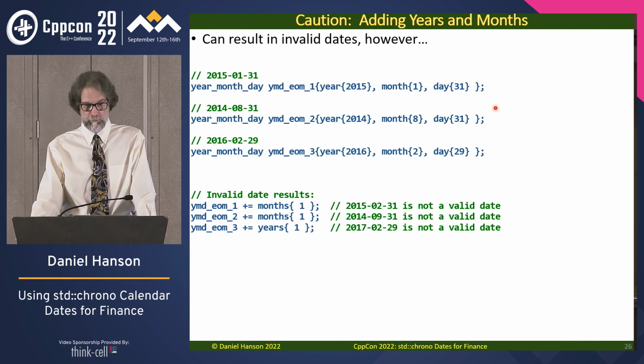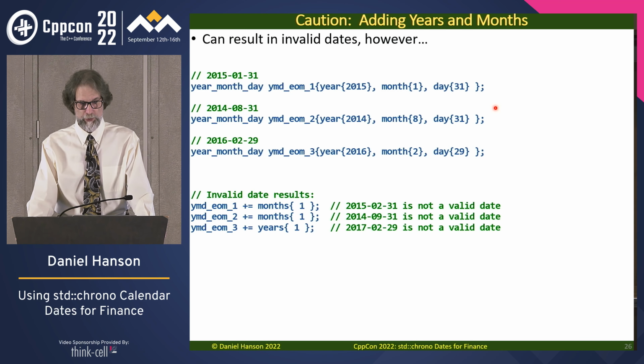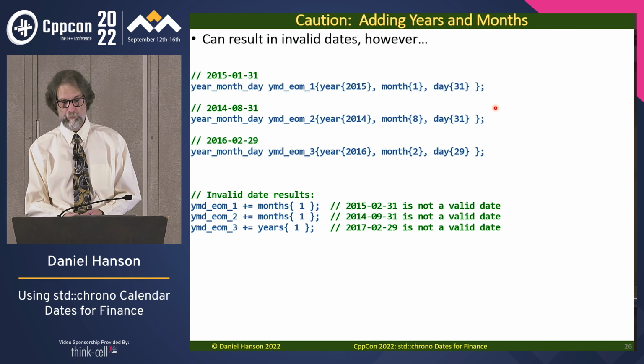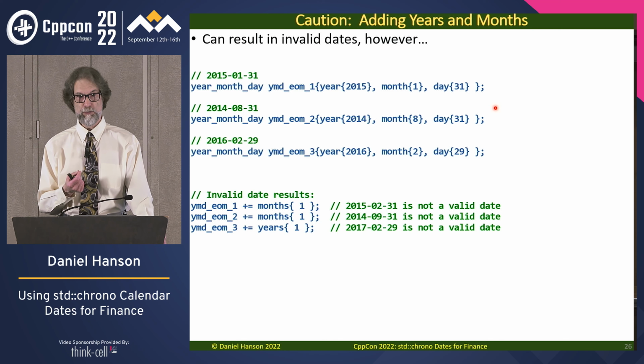There's no 31st of September. And if we go forward 1 year from a leap year at the end of February, we end up with the 29th, which is not valid in 2017. But note that the year and the month are correct, and so we can use this to program a workaround.